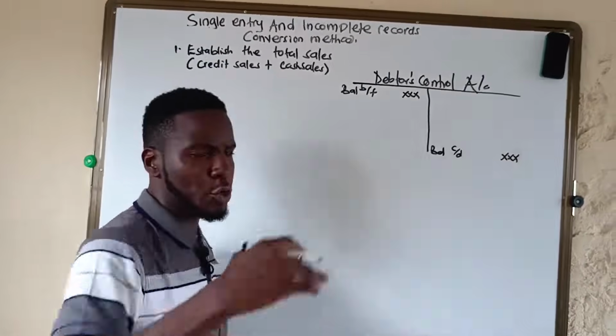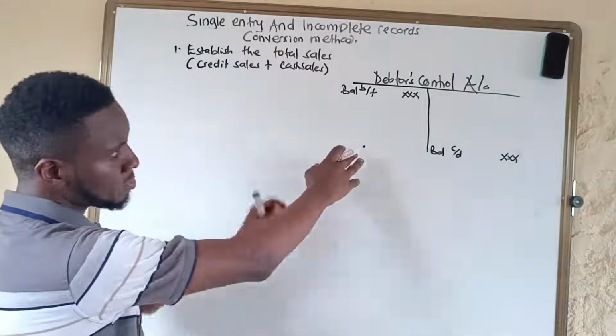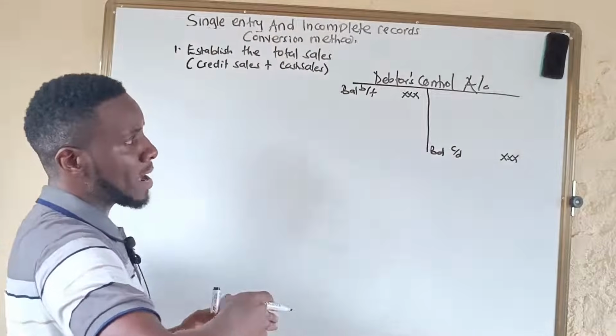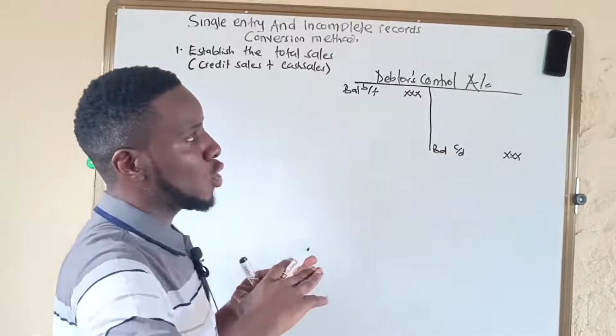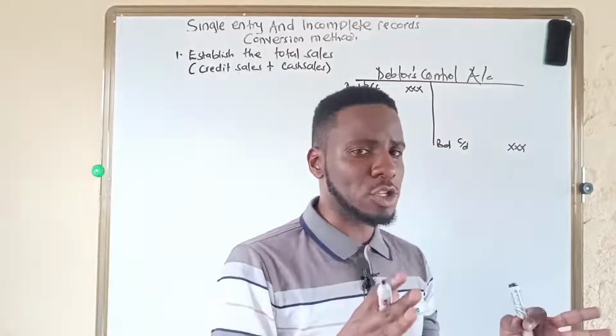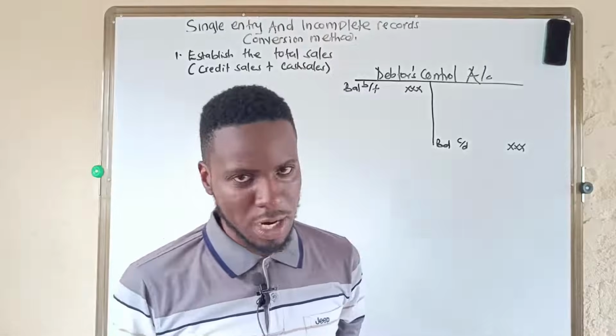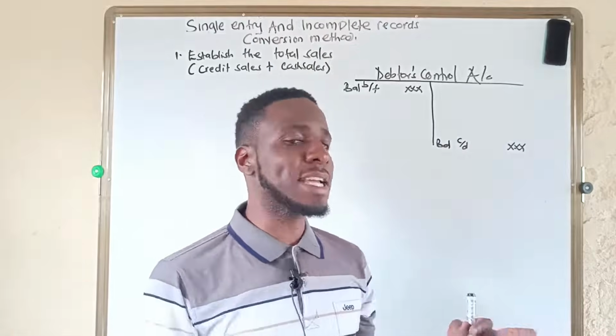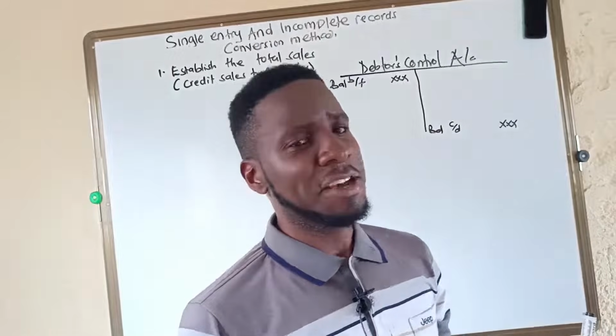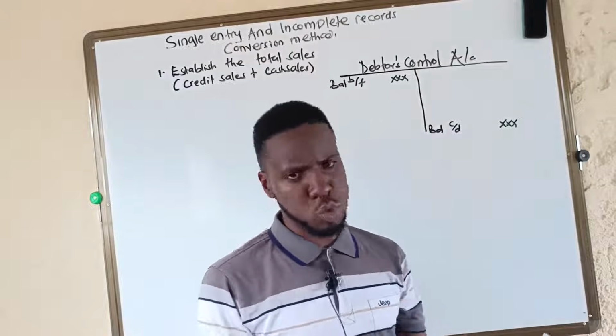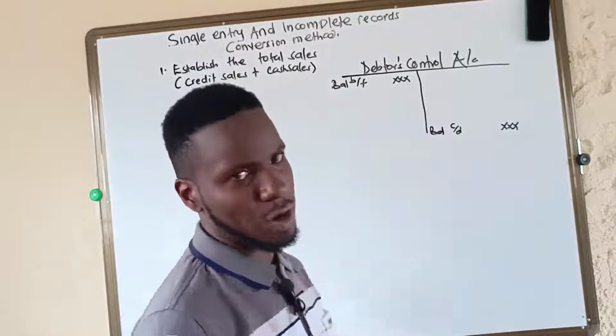Now, when it's like this, remember, we have items. It's your duty to go through the question to find which items go into the debtors control account. There could be quite a number of items, but very many times there are always like 3 or 2 that come into the debtors control account.